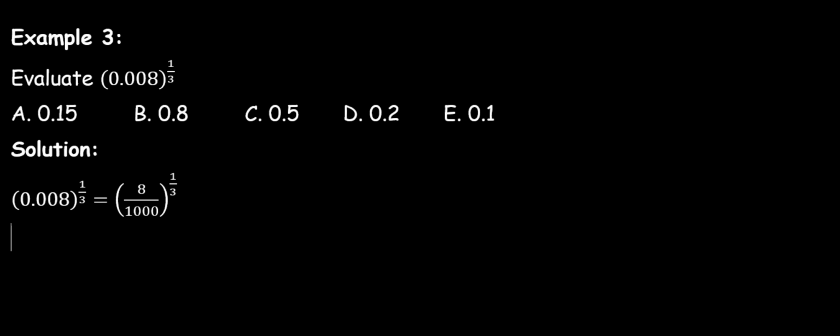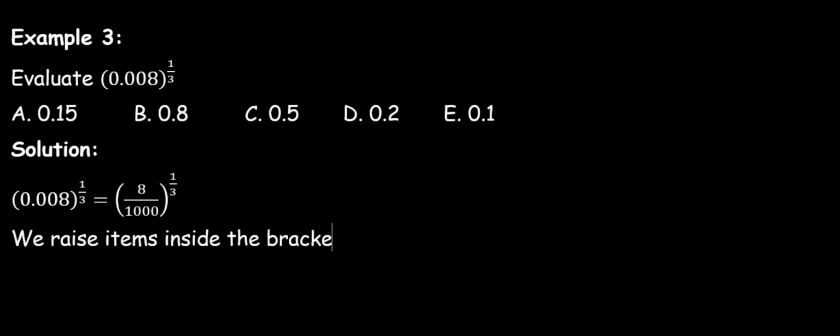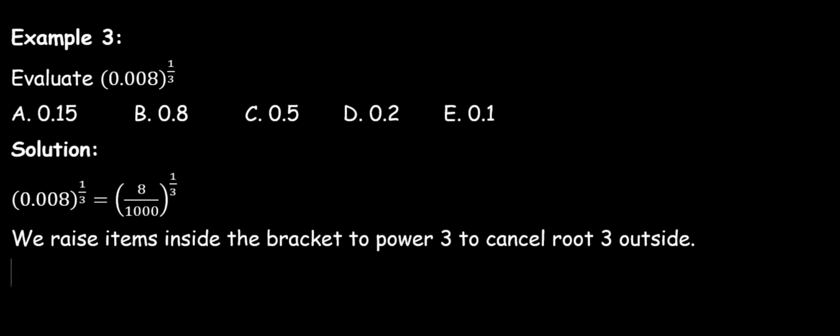Now we raise items inside a bracket to power 3 to cancel out the root 3 outside. And that will give us 8 will now be 2 raised to power 3, 1000 will now be 10 raised to power 3. We close our bracket, everything inside the bracket still raised to power 1/3.